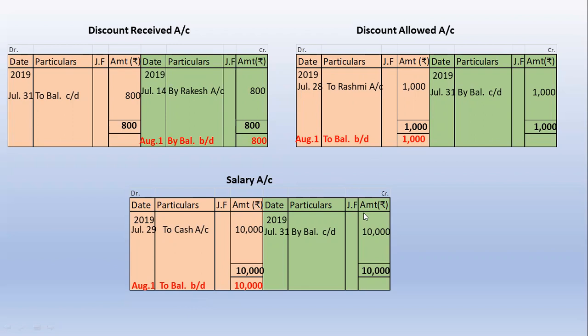This slide reflects the debit and credit balances of ledger accounts as posted in trial balance accordingly. You will find that the trial balance is tallied.